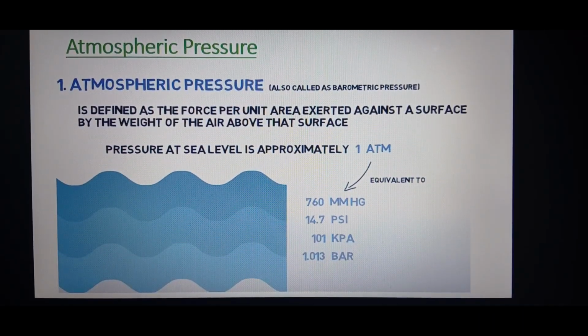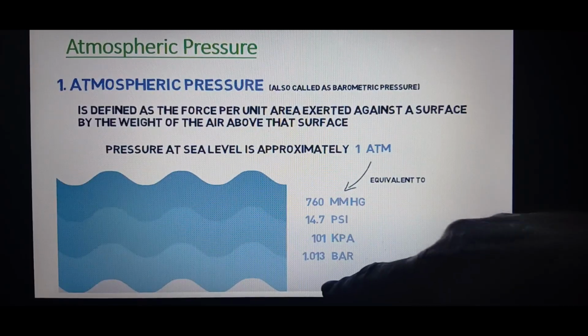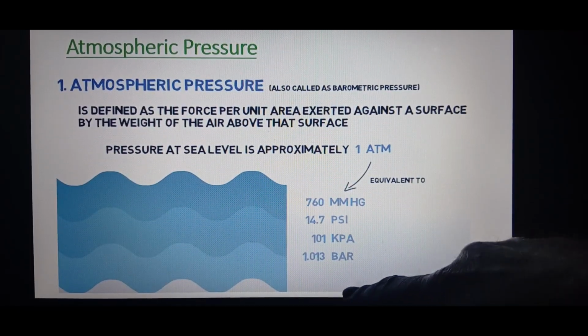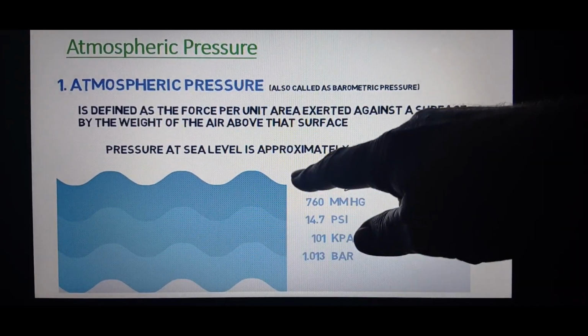Now, here is the atmospheric pressure, also called barometric pressure. It's defined as the force per unit area exerted against the surface by the weight of the air above that surface. The pressure at sea level is approximately 1 atmosphere. So this is basically like when you're standing at absolute zero, and this is the air above you.